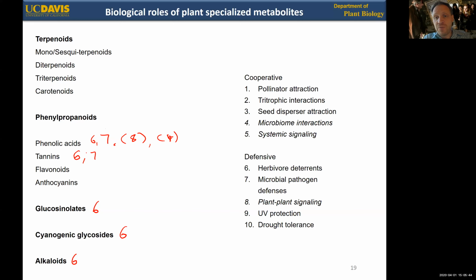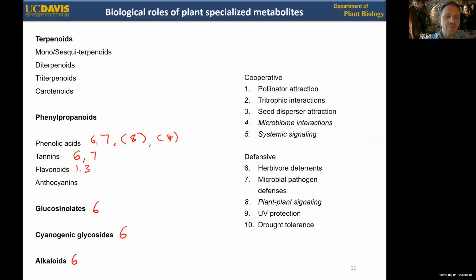Flavonoids are really versatile. They're pigments, they're colored. So number 1 would be a factor here. Number 3 would be a factor here, aiding in seed dispersal and pollinator attraction. Some of the flavonoids have also been shown to mediate interaction with root-dwelling and soil-dwelling microbes.